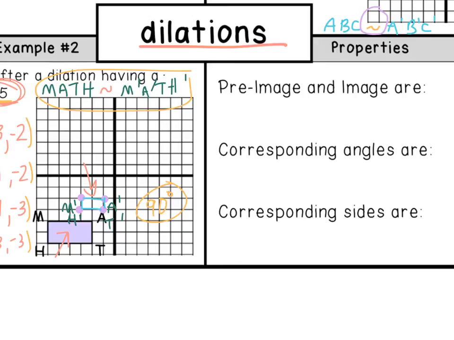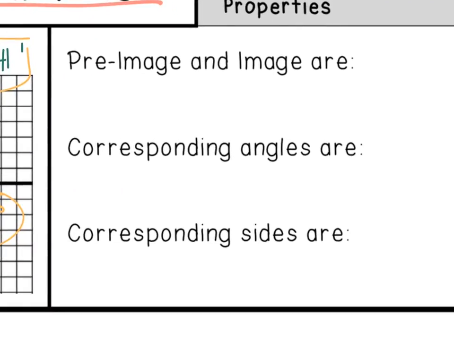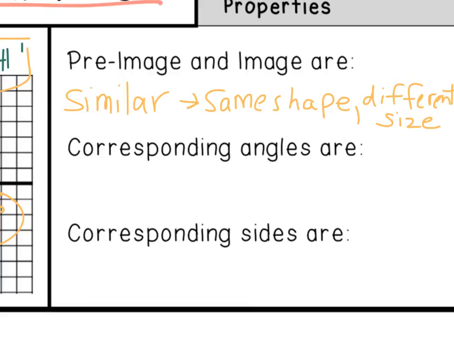All right, let's go fill in our pre-image, our vocabulary here. So the pre-image and the image are similar. I've been saying that word a few times now. And similar means they have the same shape, but they are a different size. They're either enlarged or reduced.